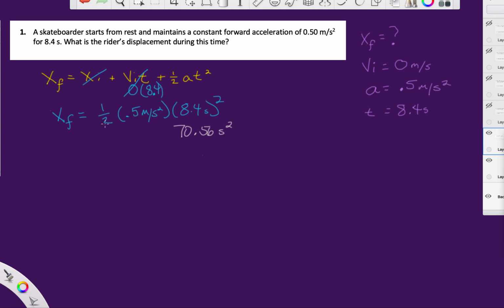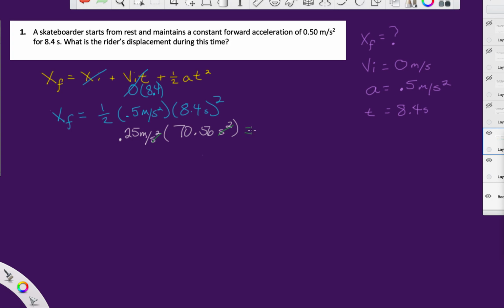Because I'm going to multiply 1/2 by 1/2, and I'm going to come up with 1/4, right? Because 1/2 times 1/2 is 1/4, or 0.25 meters a second squared. Now, this second squared cancels out with this second squared, and I'm going to be left with meters. The only unit I'm going to have at the end of this is meters.